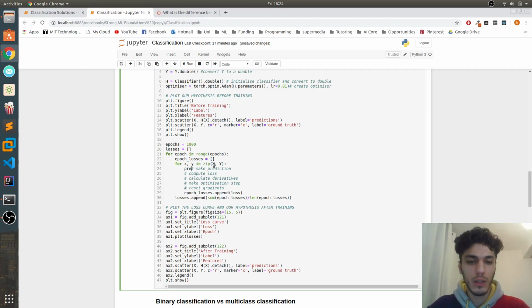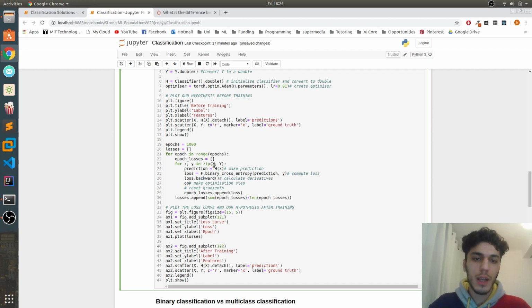So make prediction. My prediction is equal to h of x. My loss is equal to, and here we use PyTorch's built-in binary cross entropy of our prediction and our y. Calculate the derivatives, so loss.backward().